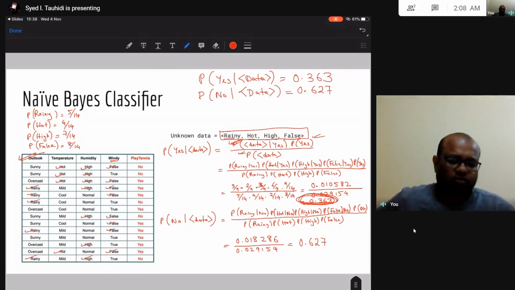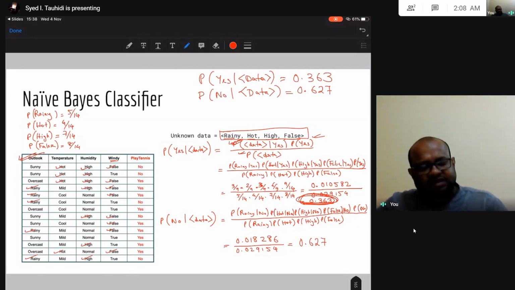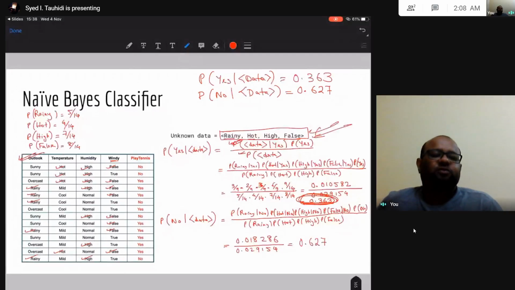I see that there is a 62.7% probability that the person is not going to play tennis given this weather condition, and a 36.3% probability that the person is going to play tennis. Given that the probability of not playing tennis is higher, I am going to classify that the person is not going to play tennis. Alright, so this is what I have.